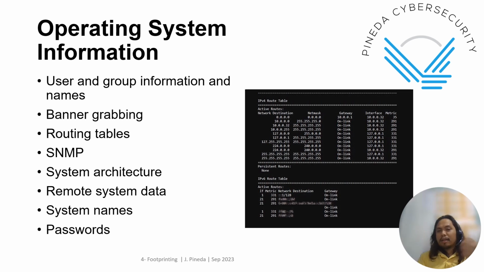At times, you'll just get the clues, like for example, system names. Depending on the organization, they have initials or acronyms that they use, like PH for Philippines and then IT, meaning Philippines and then IT team 001, something like that.